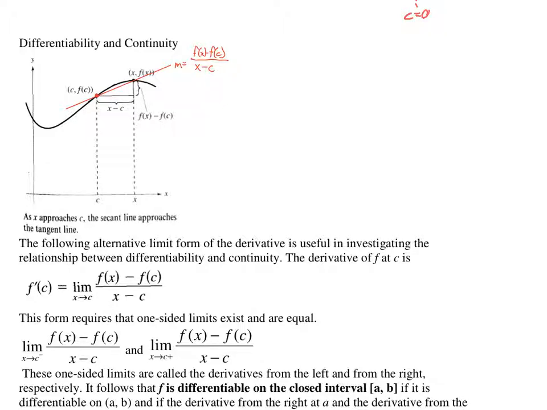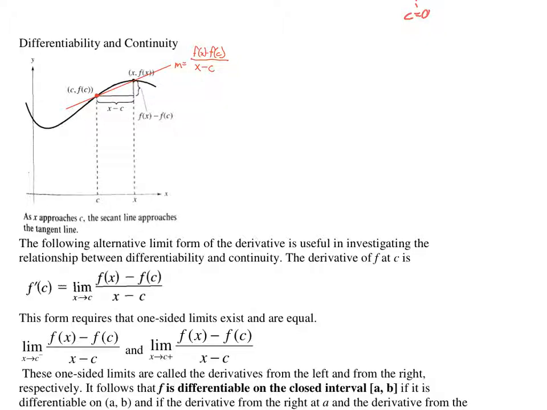So we want the derivative at this point c, f of c, and we're going to move this point f of x along the function so that x is getting closer to c. Now as x is getting closer to c, what's x minus c approaching? 0. That was delta x approaching 0. Here, x is approaching c. This is an alternative form of the definition of a derivative, and it can be useful in some places.